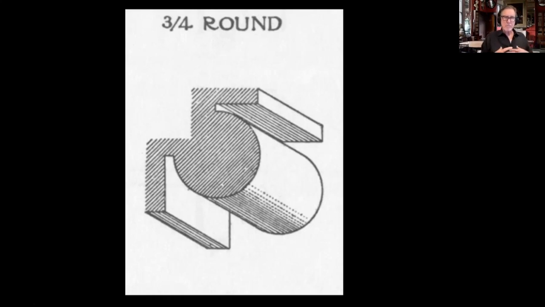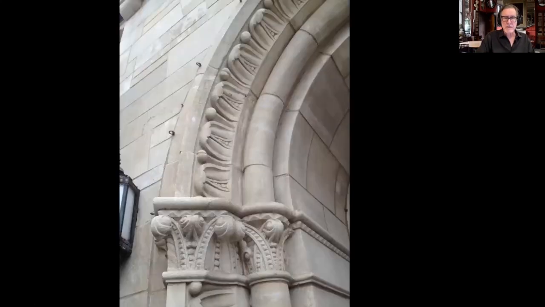So the 3/4 round is often represented as rope with a twisted or braided embellishment. We'll see some examples of that. It's very often seen as a column element or a rope-like element that's pushed into a corner, for example, as in this drawing. So here you can see it perfectly.